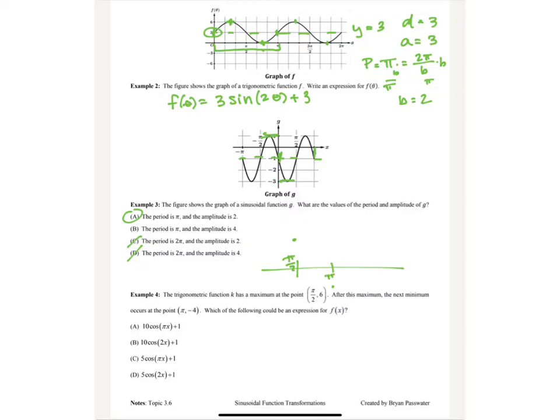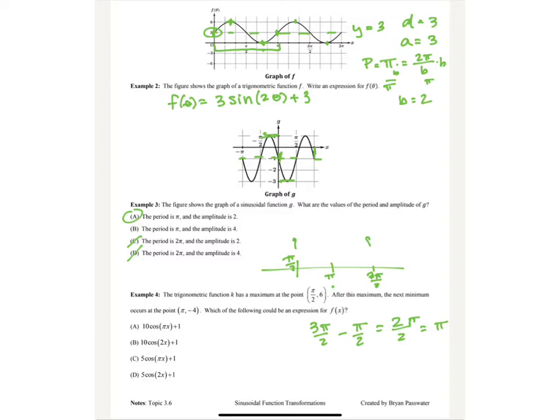This one's at pi. I'm going to have to come back up to 3 pi over 2 to hit my next max, which tells me that the period is how much? Pi. Yes. So 3 pi over 2 minus 1 pi over 2 measures the distance from max to max. Y'all following that? That is equal to 2 pi over 2, also known as pi.